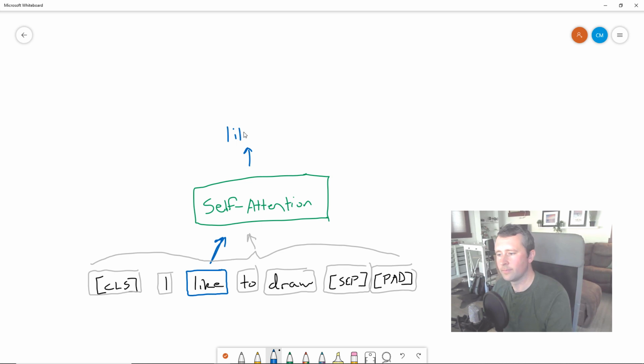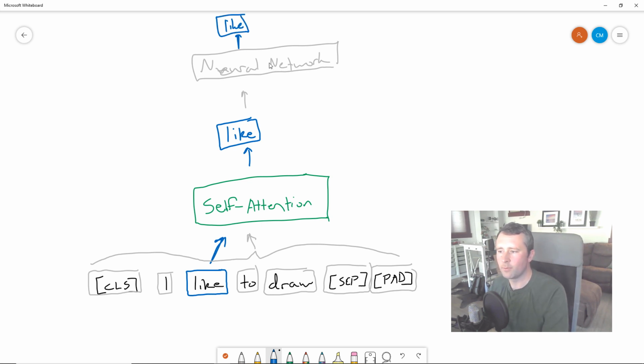So we'll have some kind of output here, and this is going to be fed into the neural network layer that Jay mentioned. And then that'll produce the final encoding for the word like from this encoder. So the neural network is applied to just one word at a time, and attention is applied to one word at a time, but it's allowed to take in all the other words in the sentence to inform its encoding of this word.